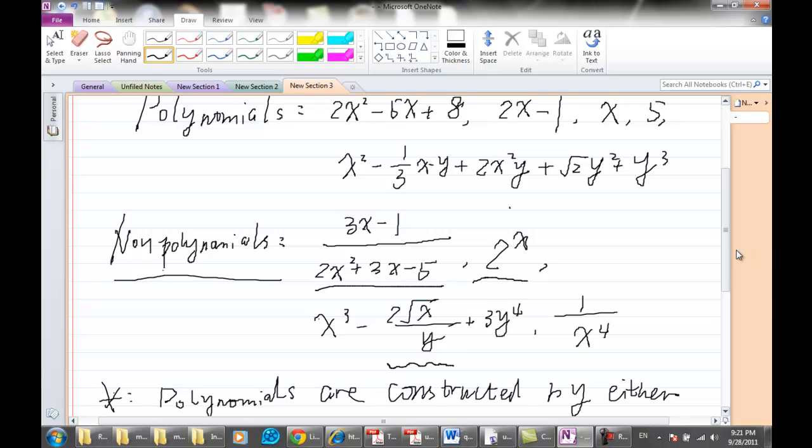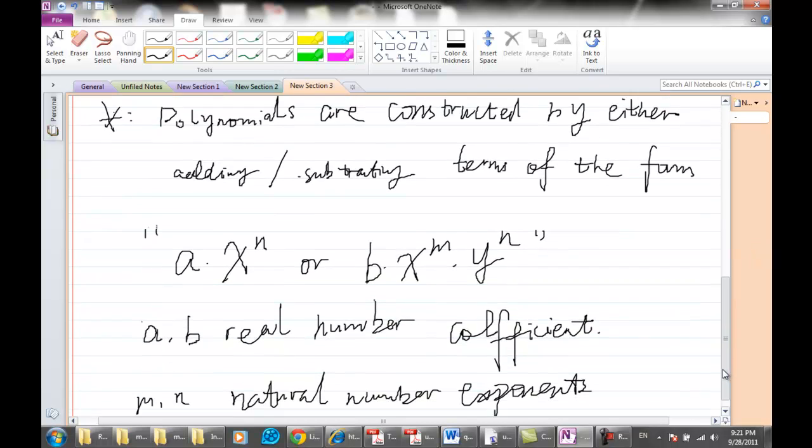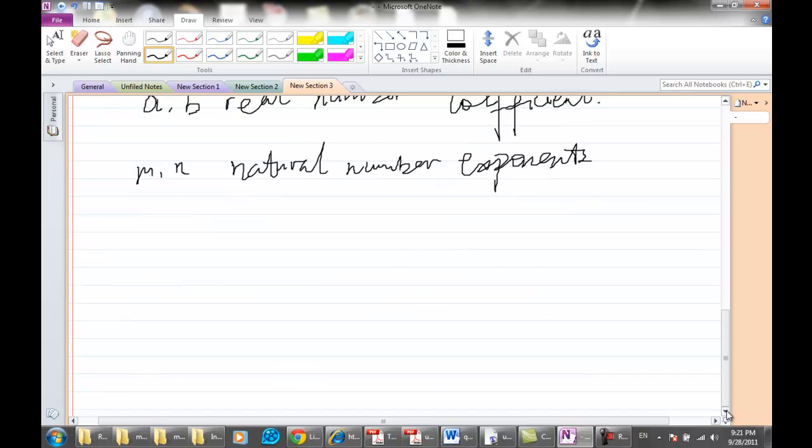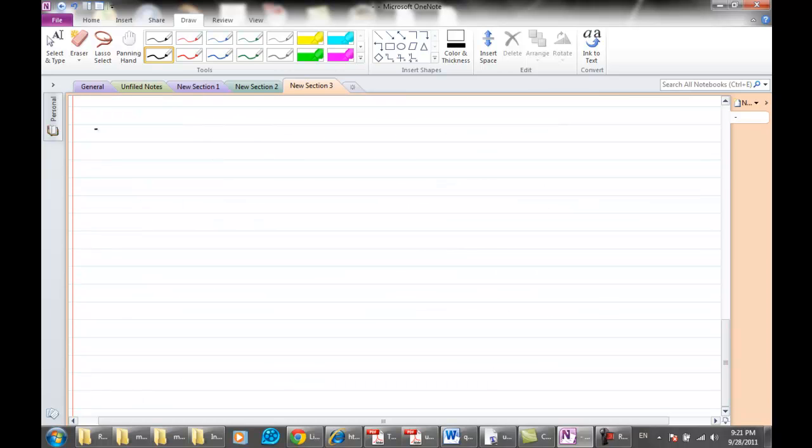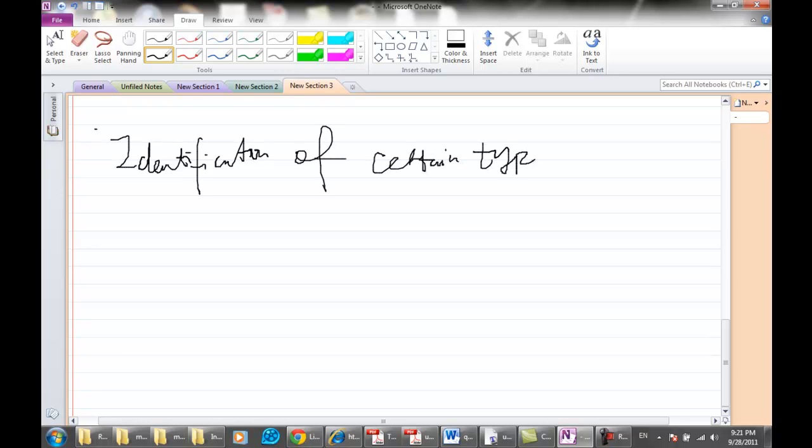So that's the main difference between the polynomials and the non-polynomials. Next, let's move on to the identification of certain types of polynomials.